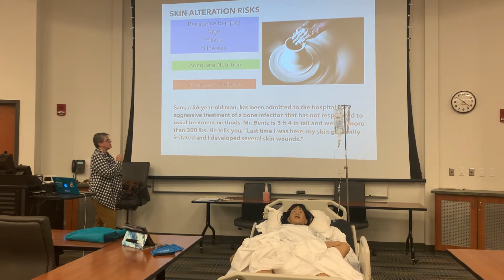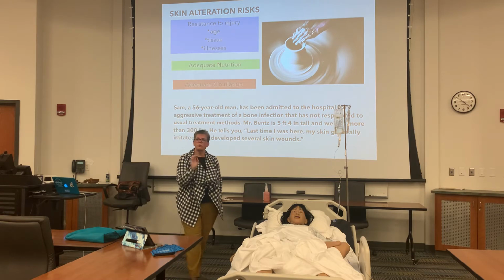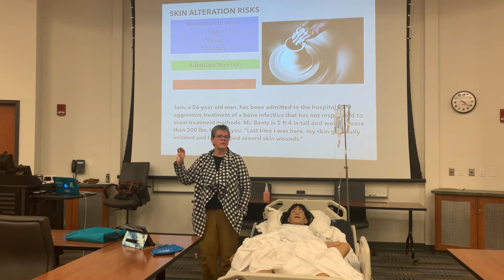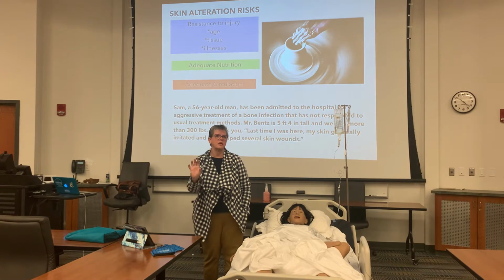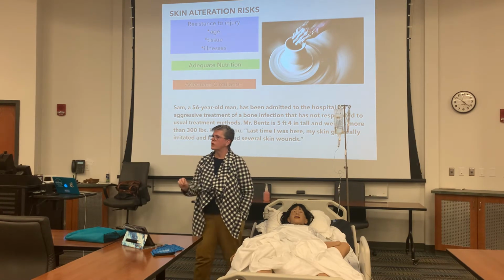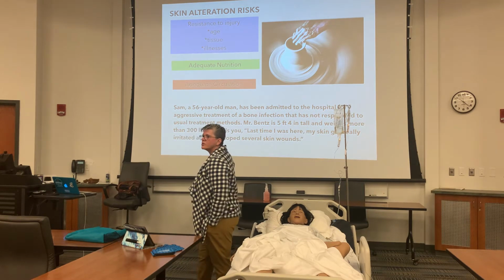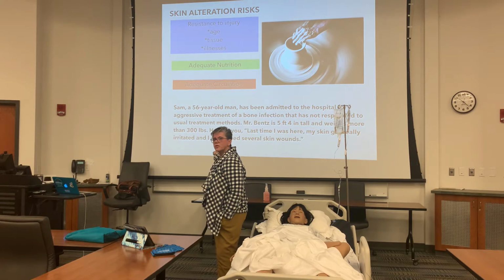He tells you, the last time I was here, my skin got really irritated and I developed several skin wounds. So when we're talking about risk factors, and this is a scenario right straight out of your book, this is how you can use these scenarios in your book. Read them and then apply them to what we're talking about in class. What are some risk factors for Sam just from this scenario?